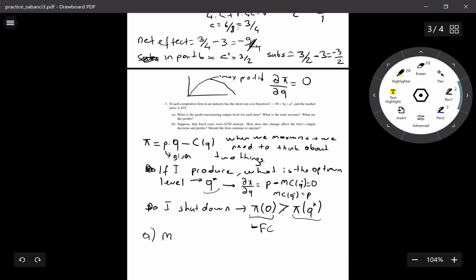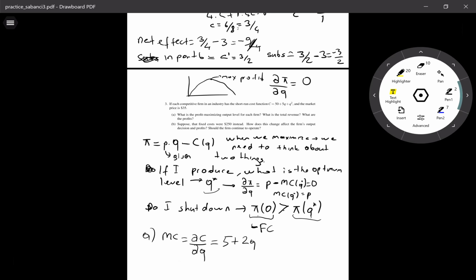The marginal cost function is the derivative of the cost function with respect to quantity, which is 5 plus 2q. What this optimum condition tells us is that the marginal cost at the optimum should be equal to the price level, and the price level is given as 35.